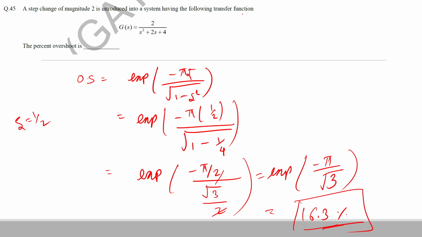So overshoot, as we studied, let's just plot it in such a manner.